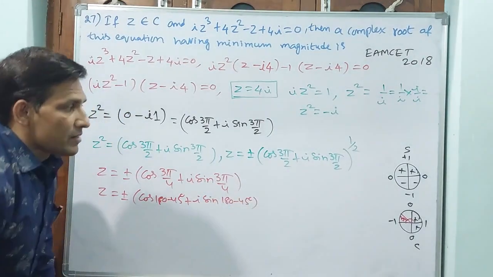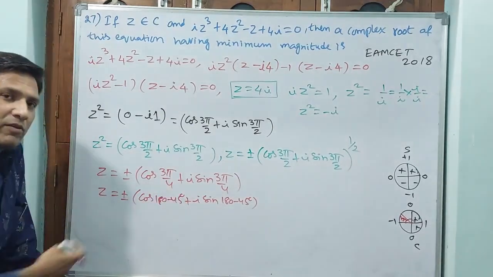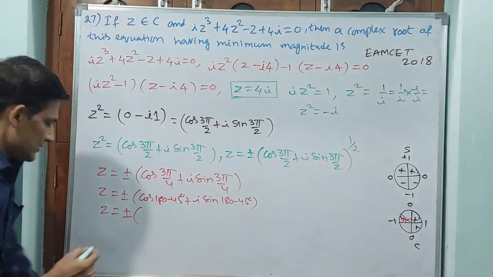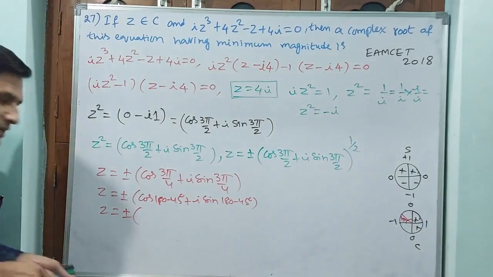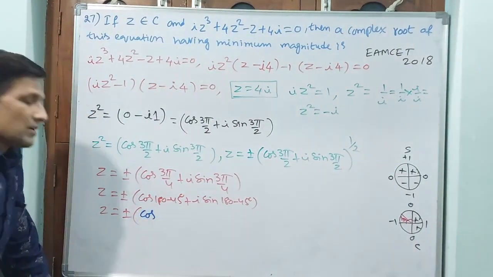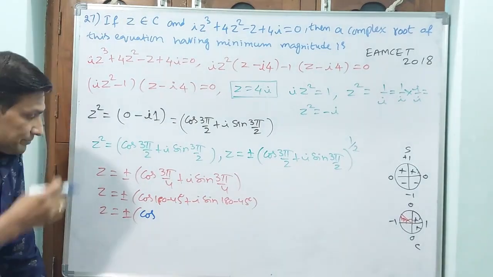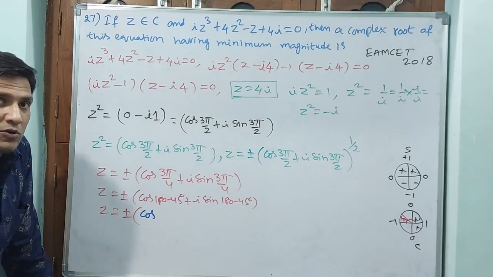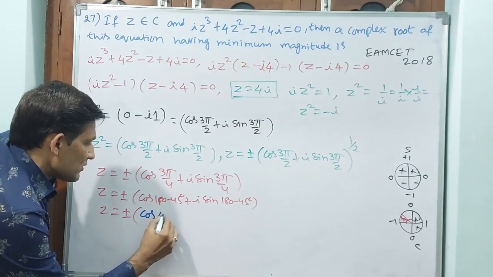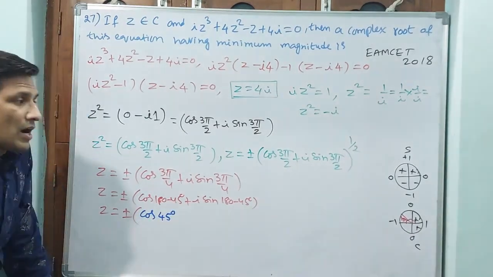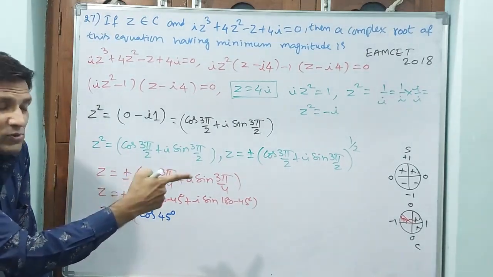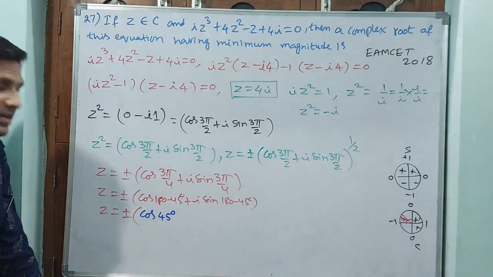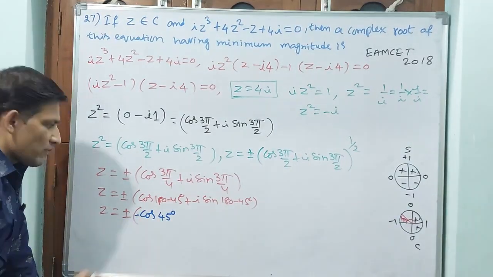See, for the horizontal angle 180, cos only will come. Now 180 minus 45 means 45 only will come. This belongs to the second quadrant, the sine quadrant, so minus has to come: minus cos 45.